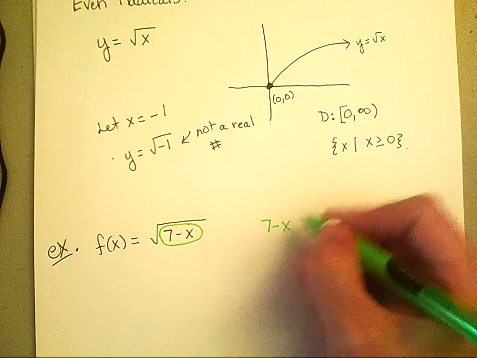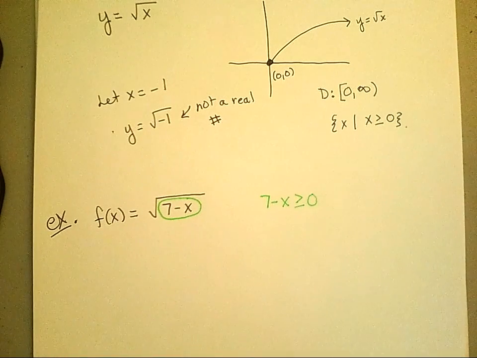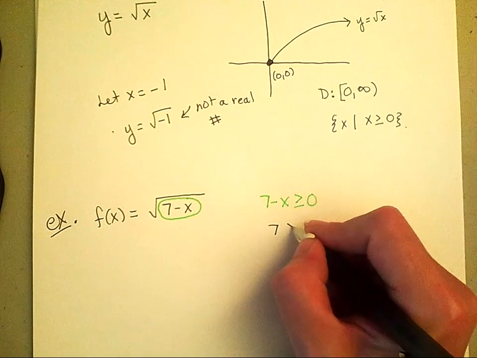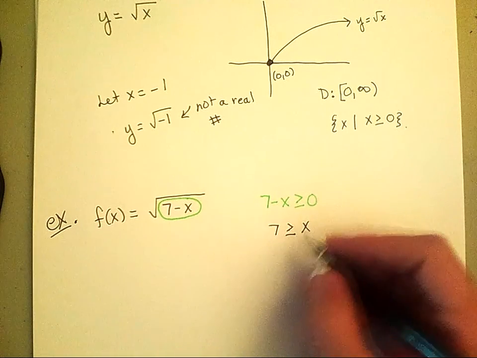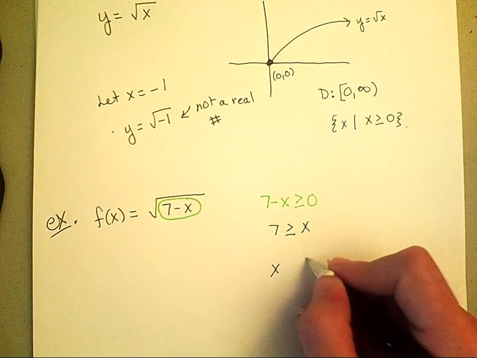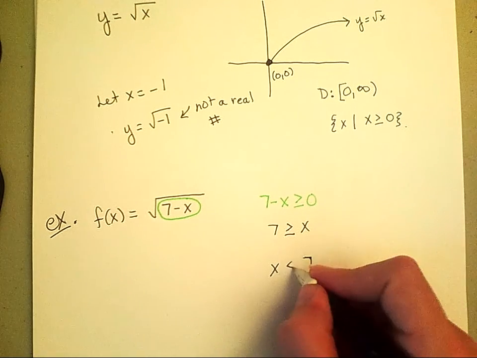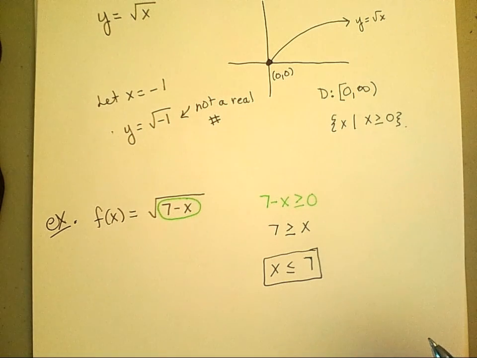So it's that entire value that must stay greater than or equal to 0. And now if we solve this, we have 7 must be greater than or equal to x. And remember, if we rewrite this, I like to have the variable first. The arrow is pointing towards the x. That's the same thing as saying x must be less than or equal to 7.